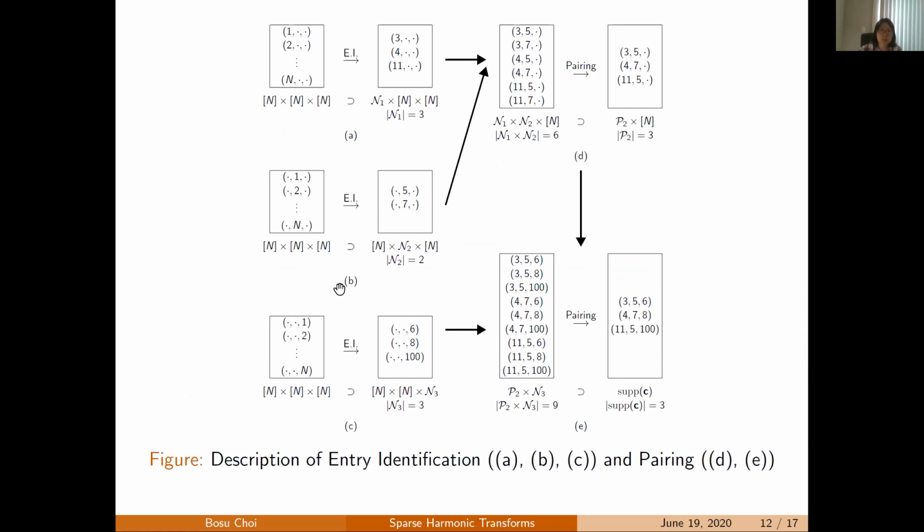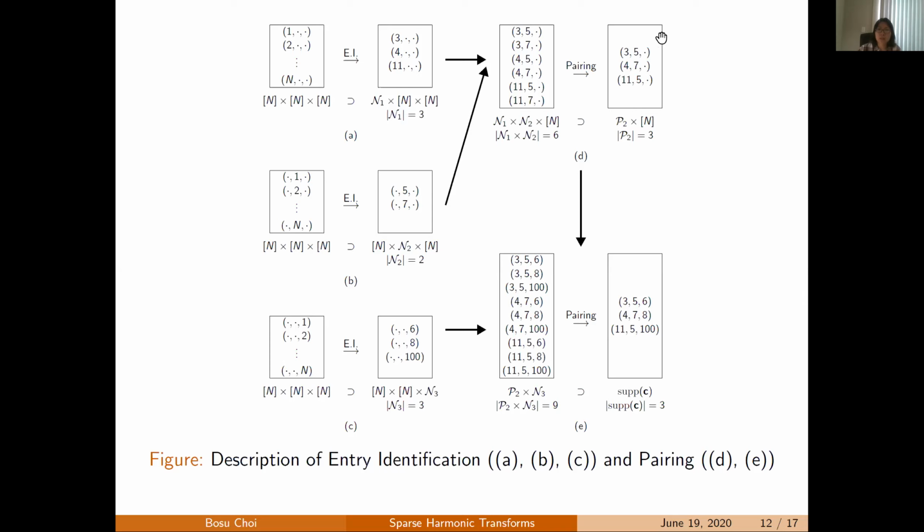Here, this A, B, and C represents the entry identification, finding N1, N2, and N3. And in the next step, we concatenate each entry one by one. So in D, what we do is taking the Cartesian product of N1 and N2, then we have 6 possible candidates for the prefix. And we estimate the energy corresponding to these prefixes and choose the top 3.